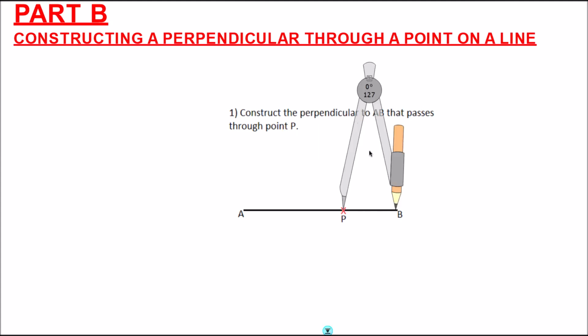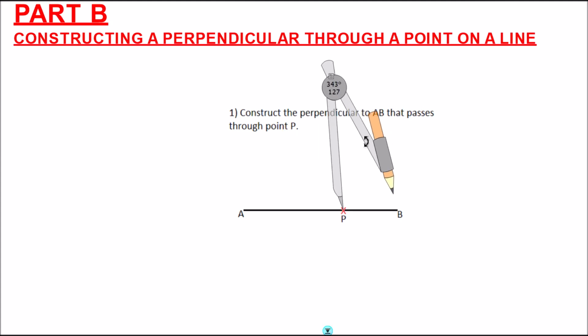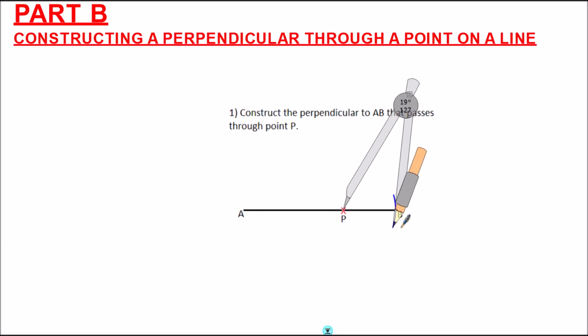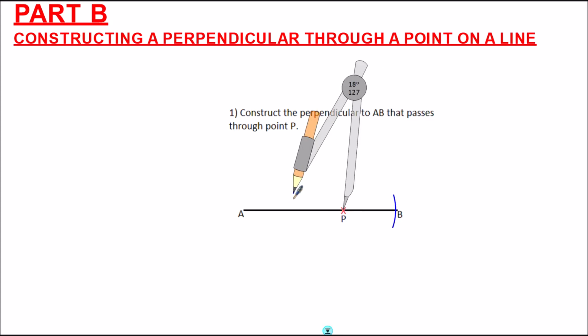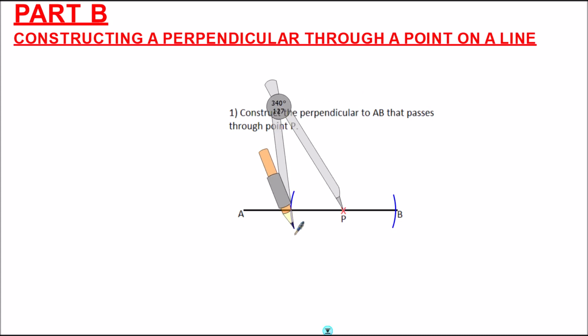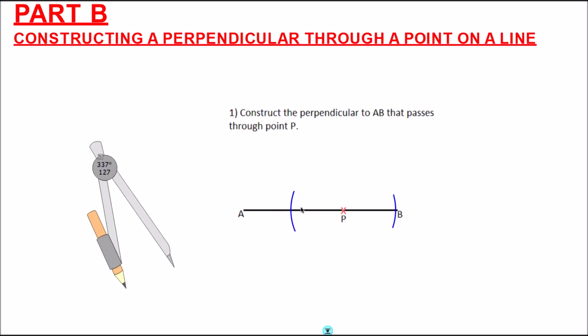So keeping the compass width the same, we're going to do a little curve going through one end of the line, switch over, keeping the compass width the same, but still keeping the needle on the point P, and do another curve there. So now what we're going to do is just focus on this bit of the line, and we're going to do the perpendicular bisector of just the line segment between the bits of the line that this curve has touched.